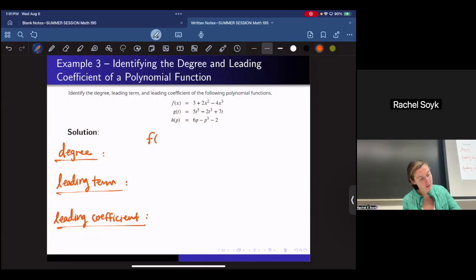So we have f of x, we have g of t, and then we have h of p.